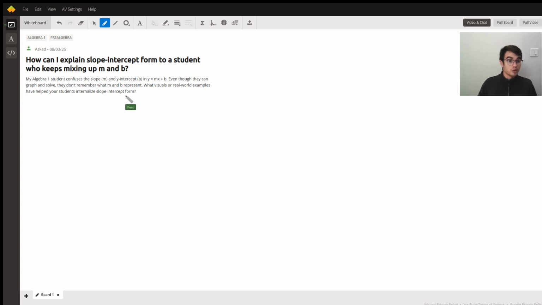So what we know here is that the student is algebraically strong. The student can look at a specific value of y equals mx plus b, and you can give them a set of axes, right?